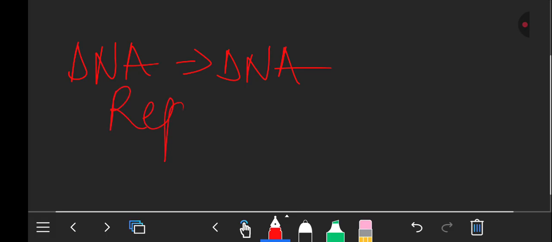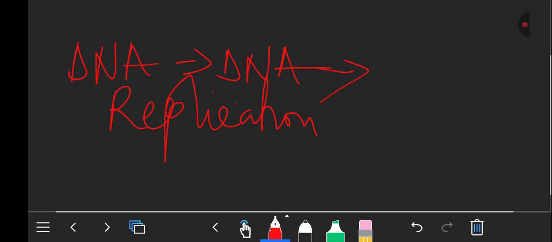So let's have maybe DNA being converted to DNA. When DNA is converted to DNA, that process is called the replication process. So DNA being copied into another form of DNA, that is replication.